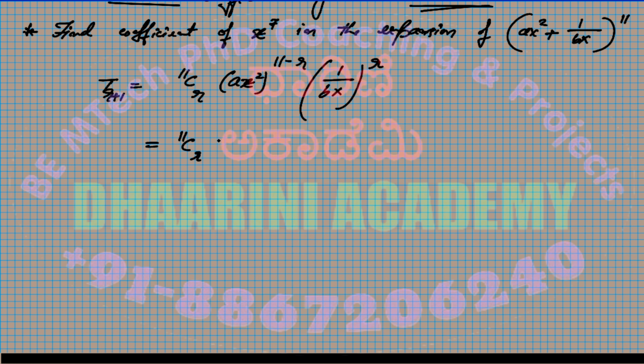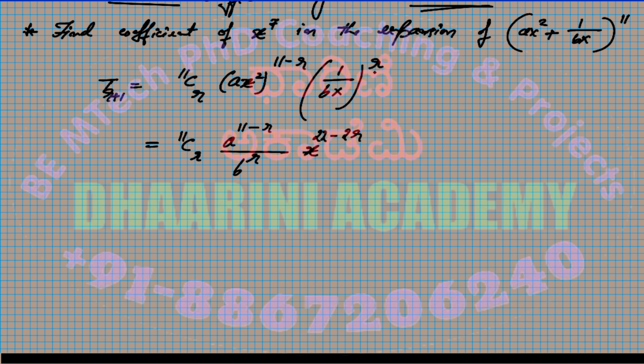11cr. What is the a to the power? A to the power 11 minus r. There is b in the denominator, which is raised to the power r, into, let's try to write the x power. So x to the power, there is a square, right? So x to the power x square. So this is 22 minus 2r.